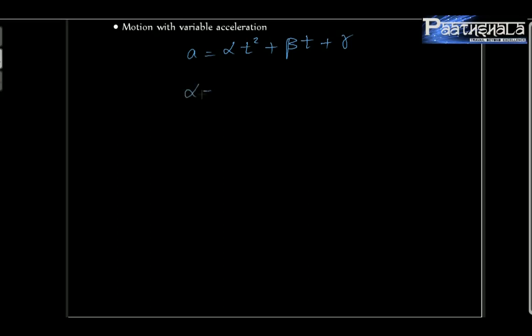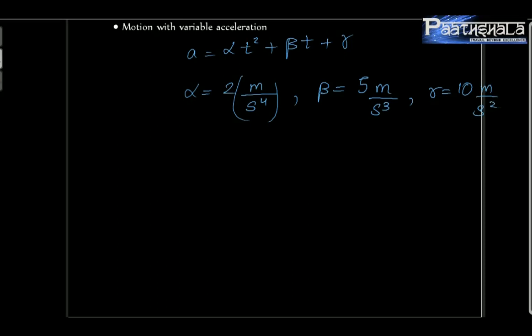Alpha has a value of, let us say, 2 meters per second raised to 4. The units have to match, so alpha, beta and gamma have to have appropriate values. Beta has a value of 5 meters per second cube, and gamma has a value of 10 meters per second square. Okay, now the units will be of acceleration of all the terms on the right hand side.